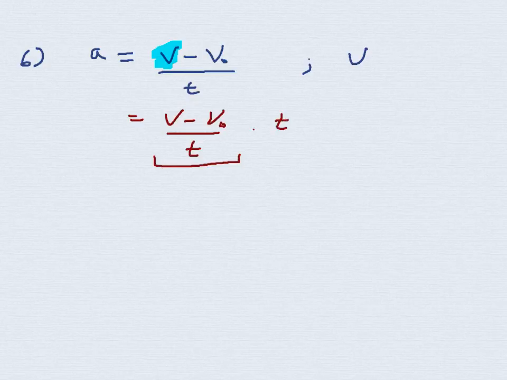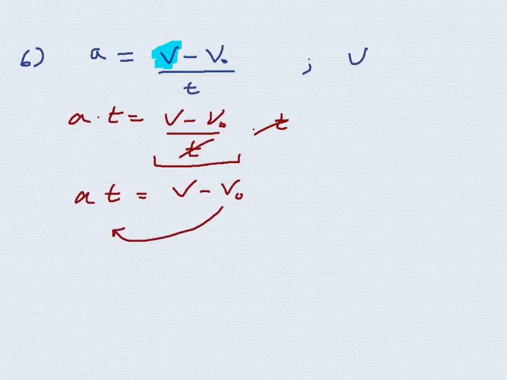So you multiply by 1t on both sides. The t cancels. You're left with AT equals V minus VO. Now to solve for the V, you move the VO, which is minus, to the other side and change the sign. So it's going to become plus VO.